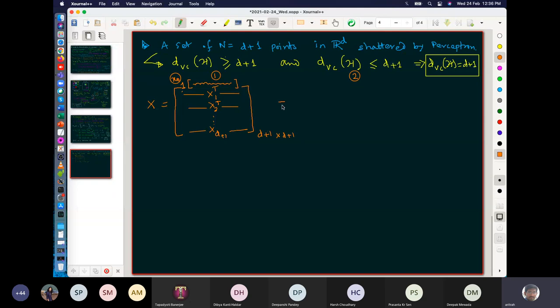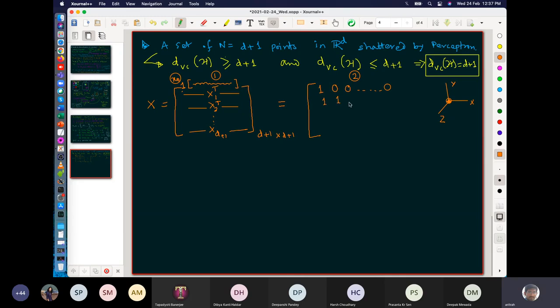Now I will take these points in the most generic way possible. The first point is all 0. Just think about 3 dimensions: 0, 0, 0, your x, y and z coordinates all 0, which means this point.